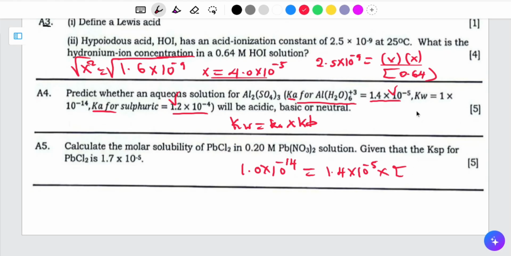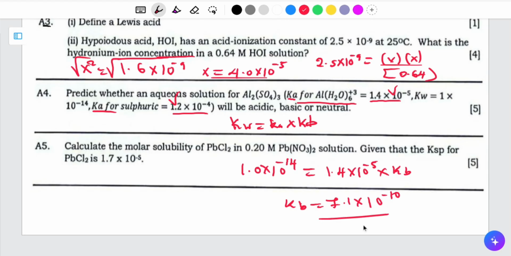Okay. So in terms of the value, what is going to be our Kb? So here I'm going to get 7.1 multiplied by 10 to the power negative 10. This is my value for Kb.